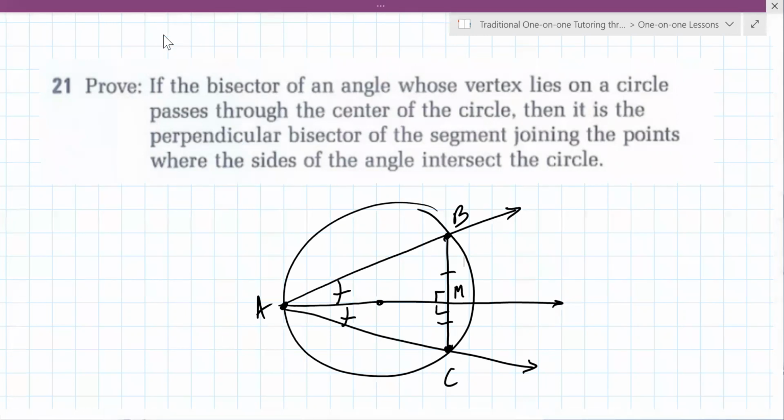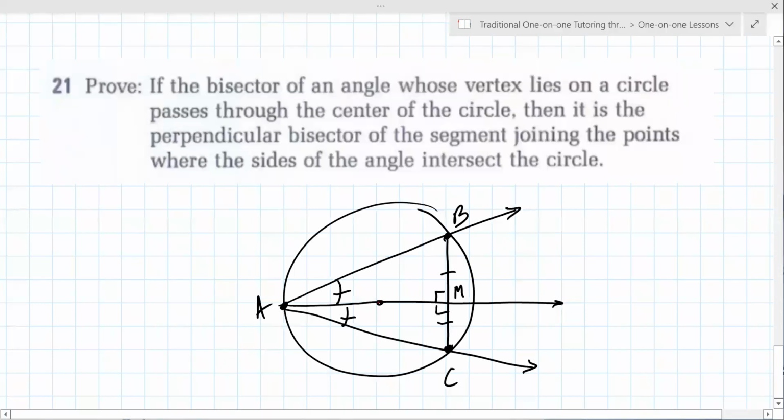So often you have to draw another line like this. And what that allows you to do is maybe prove that these triangles are congruent. Call that O for a moment. We've got that's a radius, that's a radius, that's a radius.